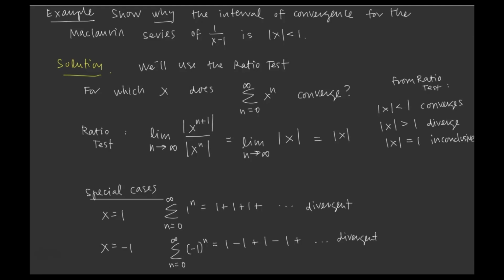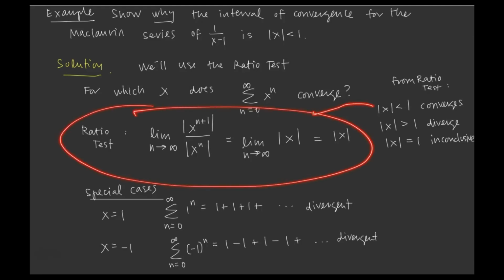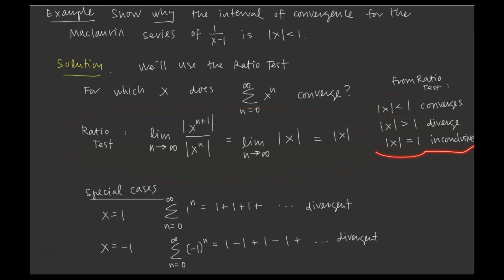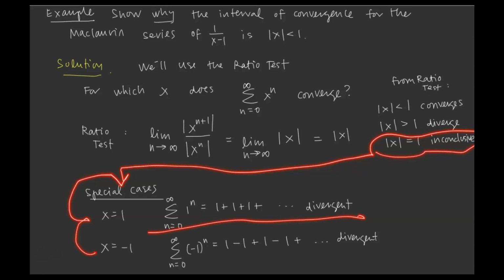So we use the ratio test to identify that for these values, the series converges. We had to go separately and test these two endpoints. At this point, we weren't really using the ratio test. We're just looking at two very special cases where x equals 1 and x equals -1 to determine what those series would look like, and could we tell if they converged or diverged. They were both obviously divergent.